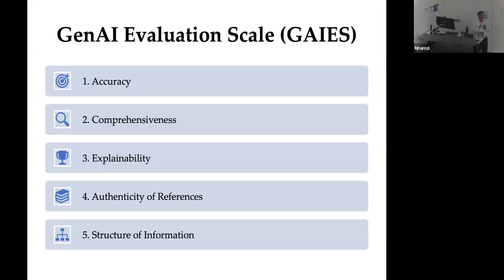So based on these benchmarks, I then assessed different content based on questions. I generated questions on a scale from simple to complex.